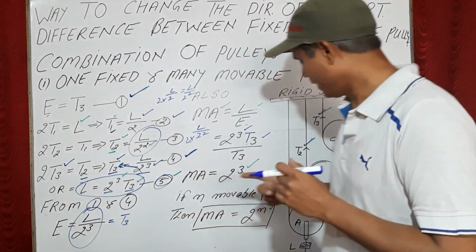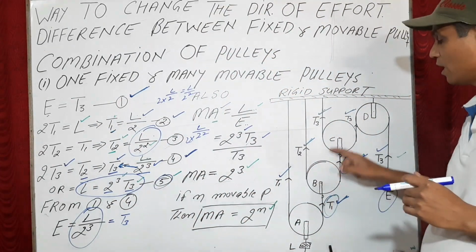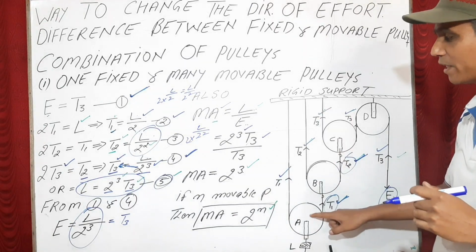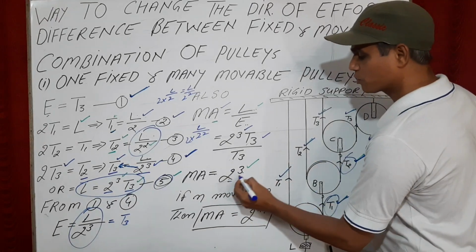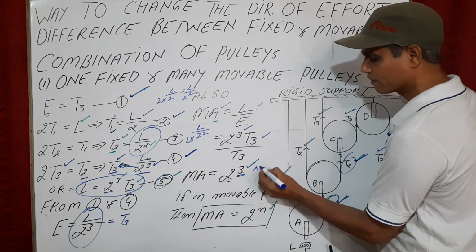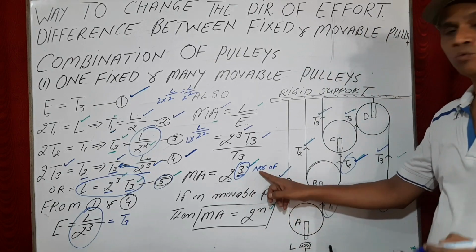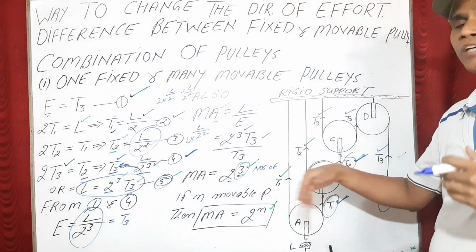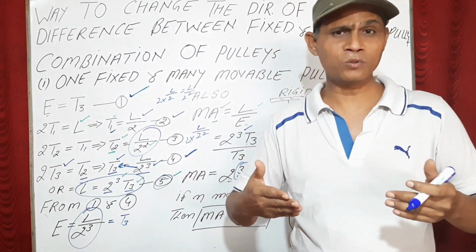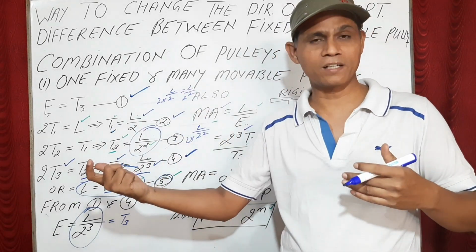Now here you can see you are having A, B, C. These 3 pulleys are movable, and the mechanical advantage is 2 raised power 3. That means 3 is the number of movable pulleys. So if you are having movable pulleys equal to 4, then you will be having 2 raised power 4 mechanical advantage.